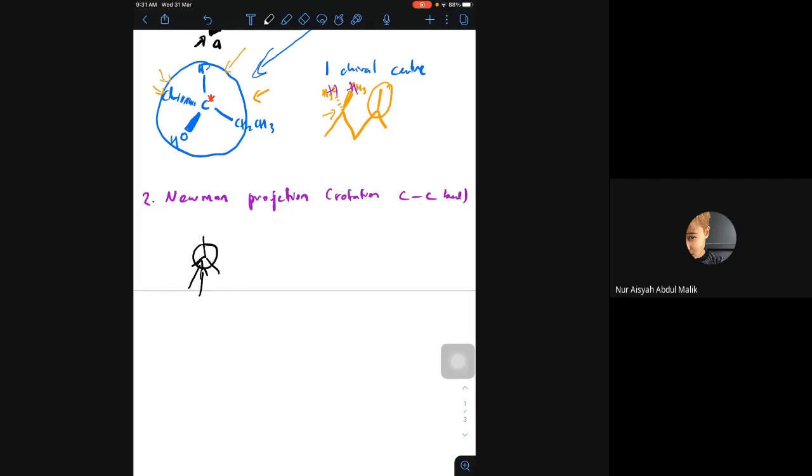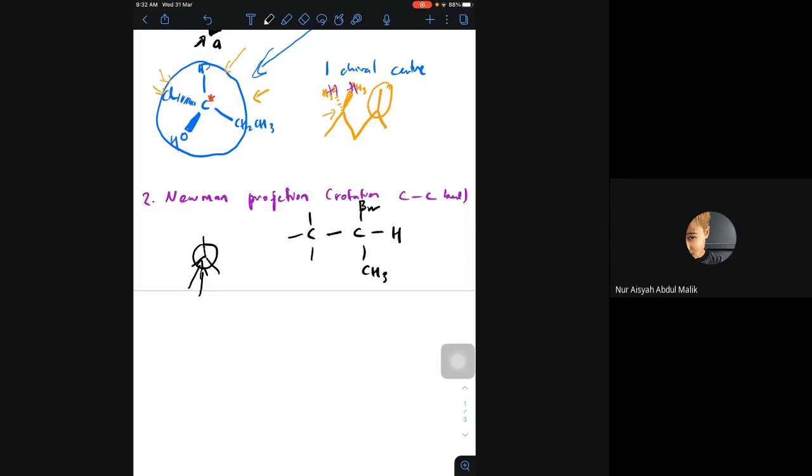So what you have to do in order to draw the structure, let's say you have a 2D between these two carbons. Always focus on the CC bond that is in the middle. Then let's say you have on this one a CH3 group, this could be hydrogen and another Br.